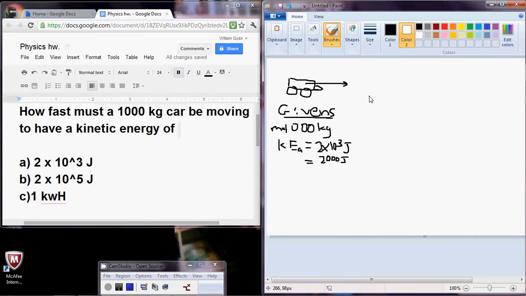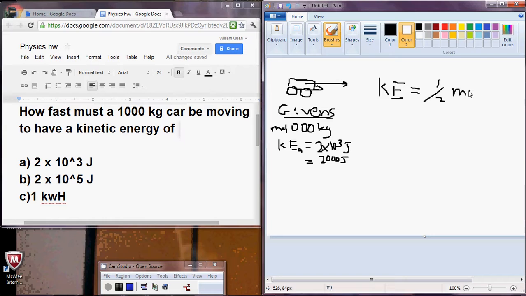So we have to get out our kinetic energy equation, which is kinetic energy equals 1/2 mass times velocity squared.